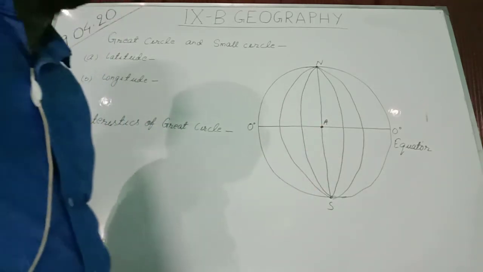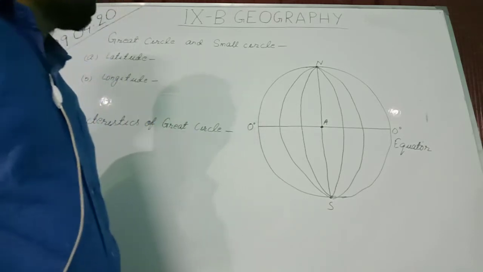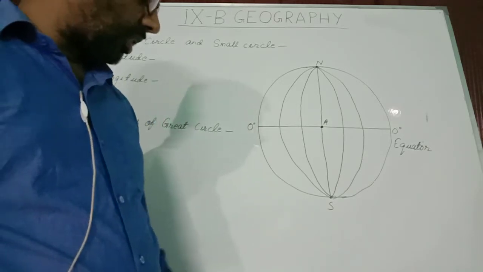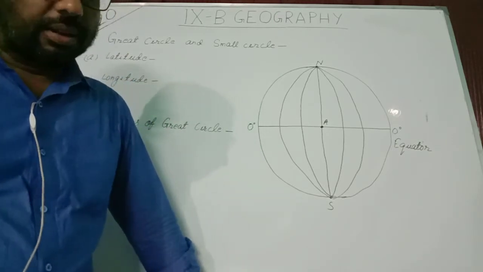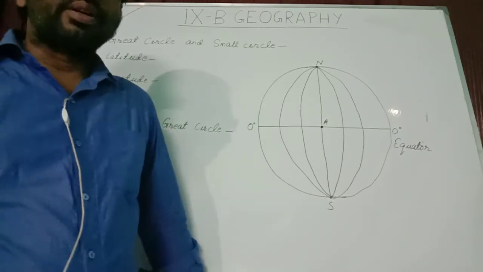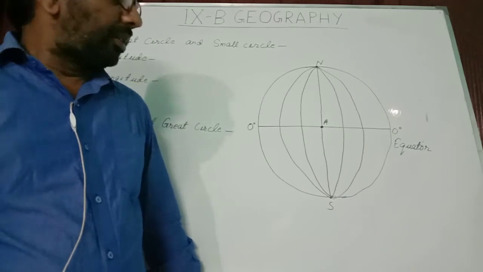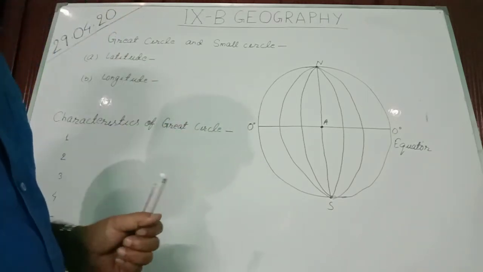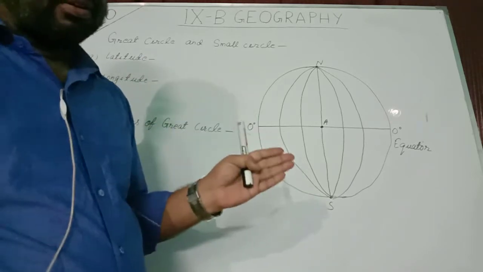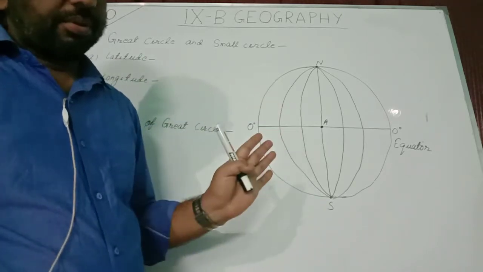Two things I am telling you here. First is the definition of great circle: the line that will pass through the center of the earth will make the great circle, and that line will divide the earth into two equal halves.